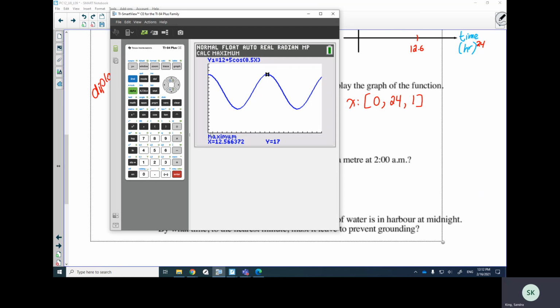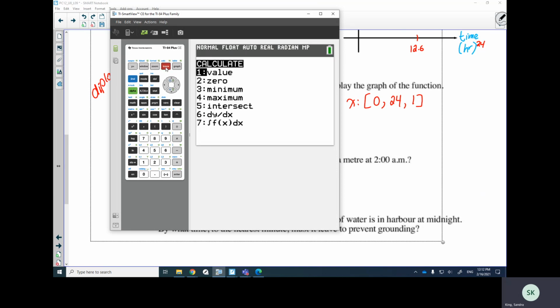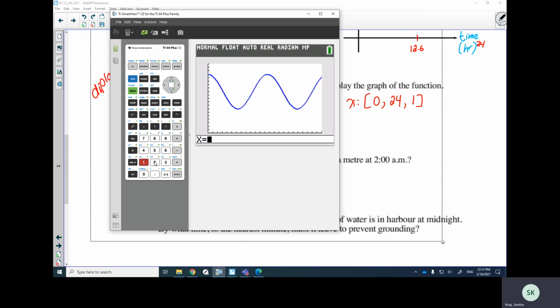So midnight is 0. That's 1 a.m., 2 a.m. At 2 a.m., if you were to go up to your graph, what is that depth? So in order to calculate that, second function, calculate a value when x is 2. At 2 a.m., the depth of the water to the nearest tenth is 14.7 meters.